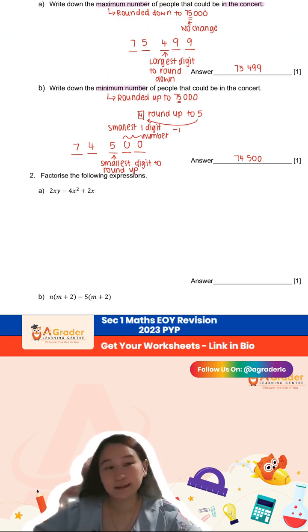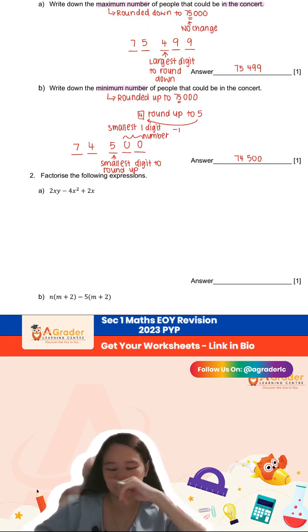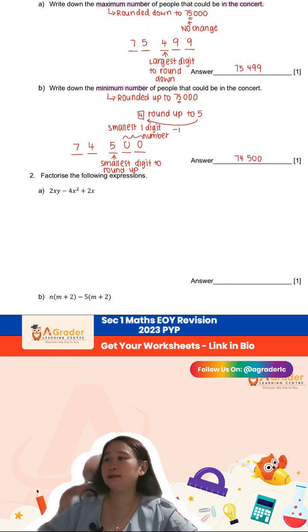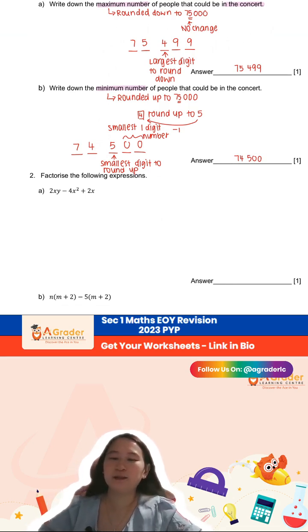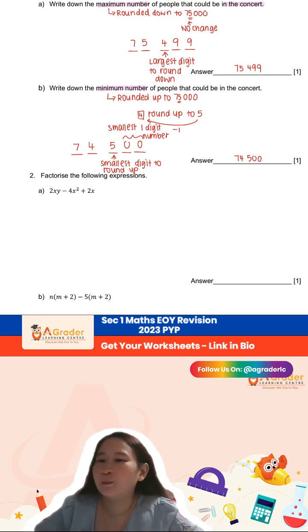Those who have tried can send in your answers. When you factorize, you always factorize out the common factor. So you look at all the terms that's there in the expression and then identify what's the common factor.